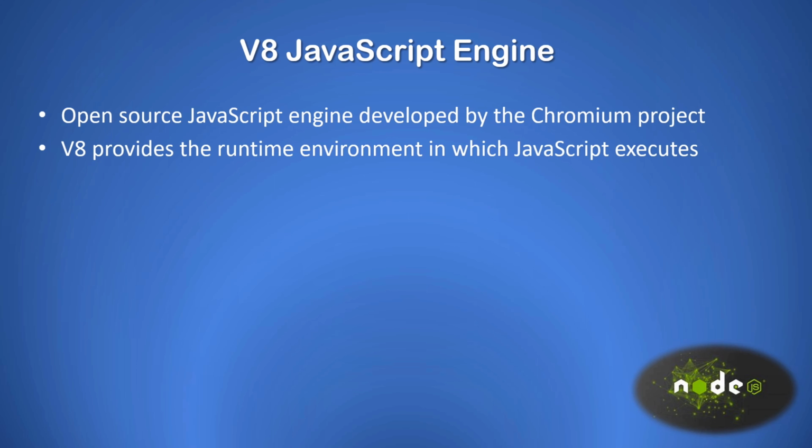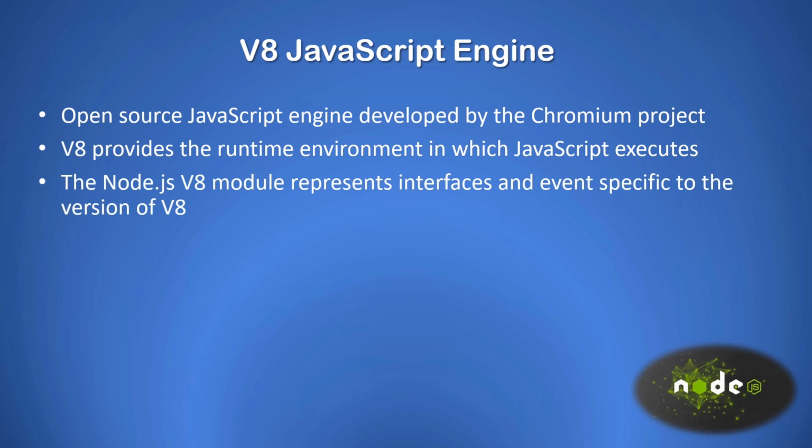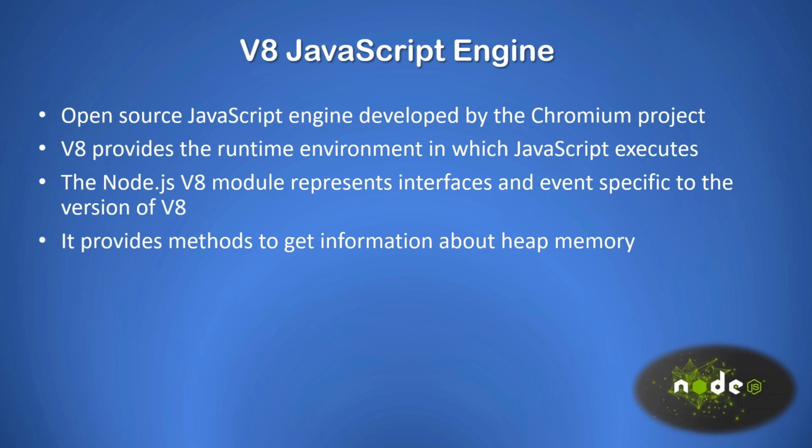Next, this module represents the interfaces and events specific to the version of V8. It also provides methods to get information about our heap size or memory. This is very useful when we want to know about leaks happening within Node.js; this particular module and its methods help us know the details.